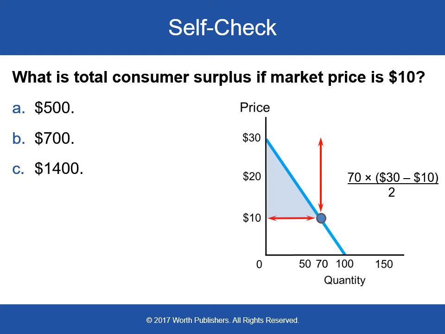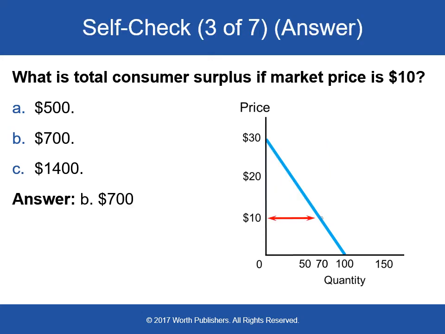I'm going to assume you've done your calculation, and here is the answer. The answer is $700. Why is it $700? Well, remember, the height in this case is 30 minus 10.